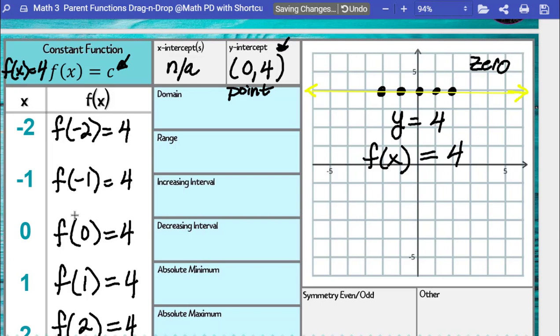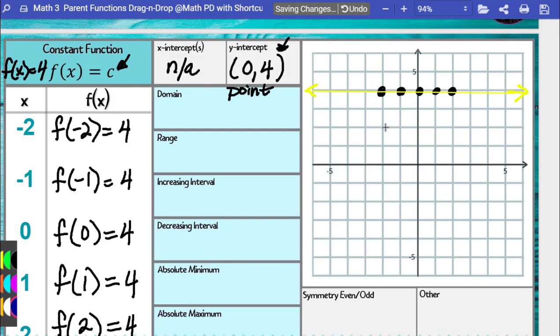Now we're looking at domain. Domain is a lot easier if you look at the graph. What that means is, what are all the x values that work or are defined for the function? This is what I like to show you. Remember, domain are the x values.